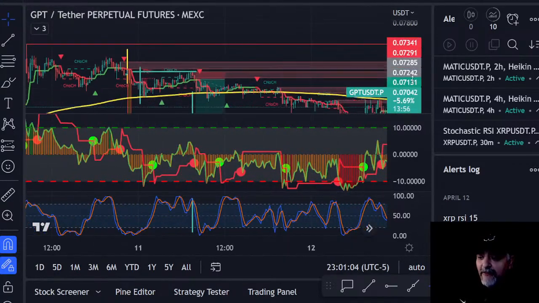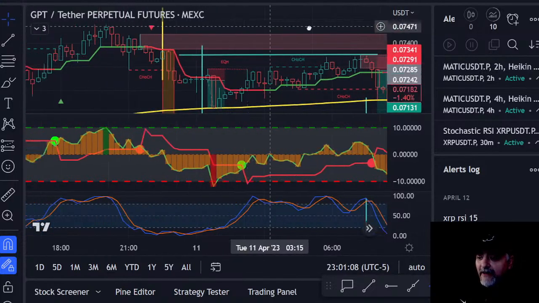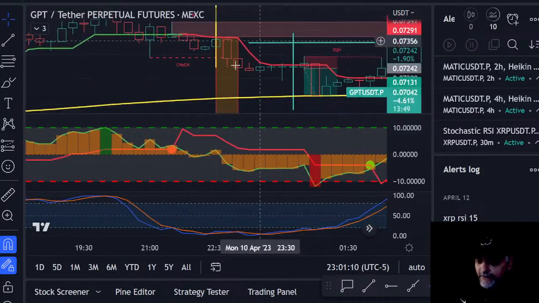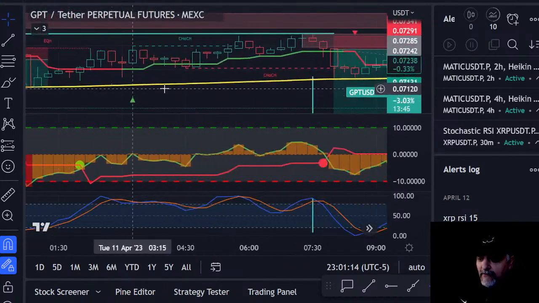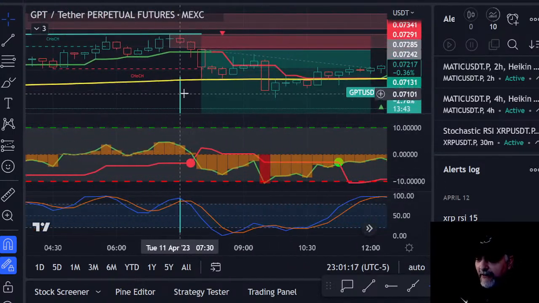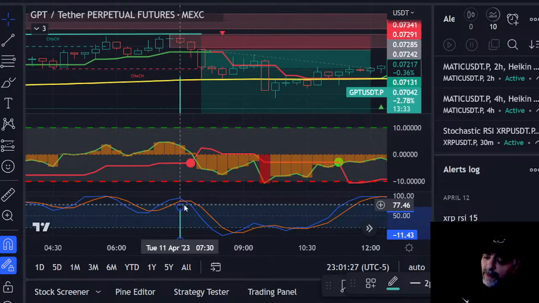All right, so let's see what we got here. As we can see right here, we have our two lines. The 5-minute red moon is hit right here. We look down and we can see that our 15-minute RSI is starting to break down, which means we should be getting into this trade ahead of it.